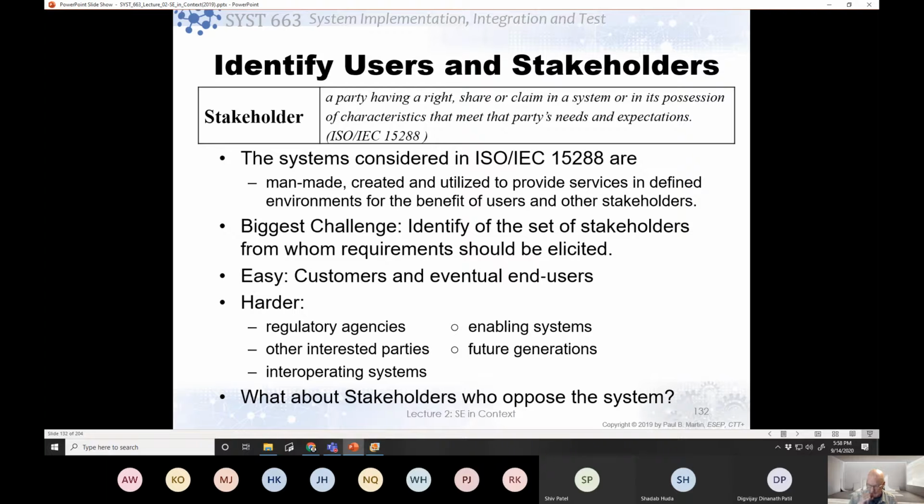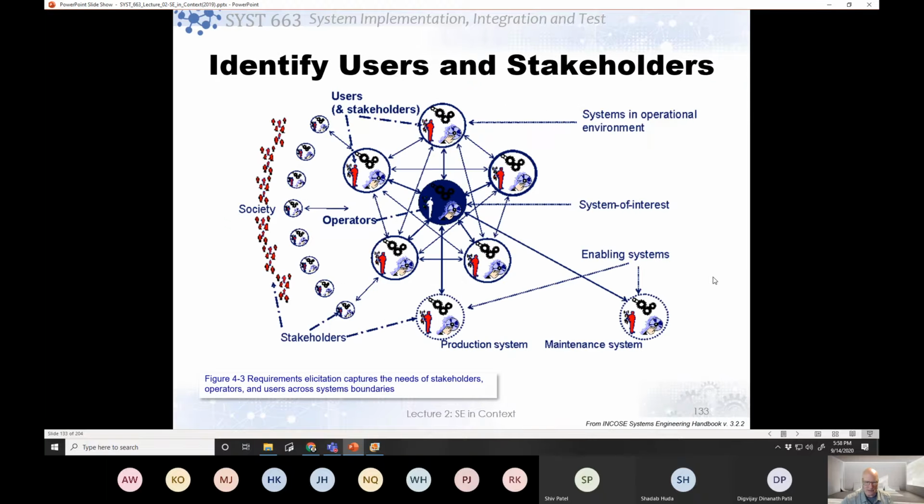By the way, is there a stakeholder that may actually oppose the system? You may want to think of that as well. So this shows you where your function would be in here. You may have other operational functions you need to worry about, as well as your enabling systems and your various stakeholders.